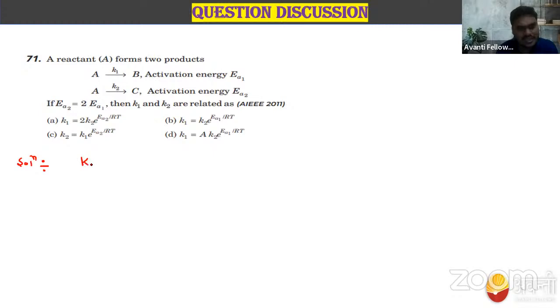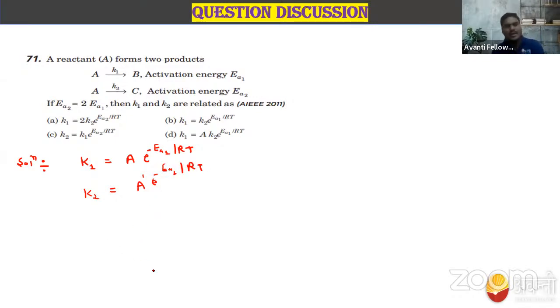We know what K is. So we can write K1. K is equal to A e to the power minus Ea by RT. So we can say that this is e and this is A dash, minus EA1 divided by RT. Similarly, what is K2? This is also equal to A dash e to the power minus EA2 divided by RT.